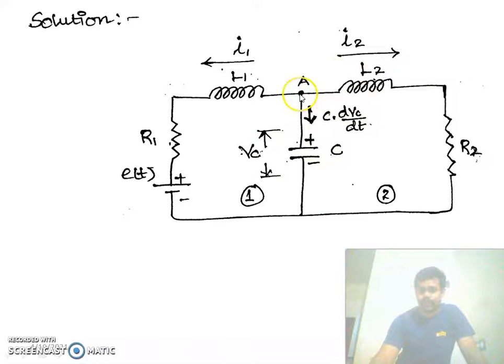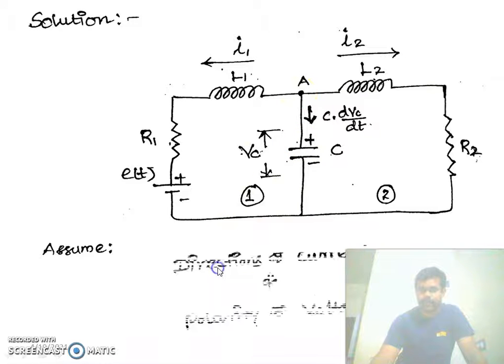So this is node A. Now we have assumed the directions of current and the polarities of voltage. So we are assuming that the currents are leaving from the node. This is node A, and this current I is flowing away from the node, and this is the polarity of the voltage.